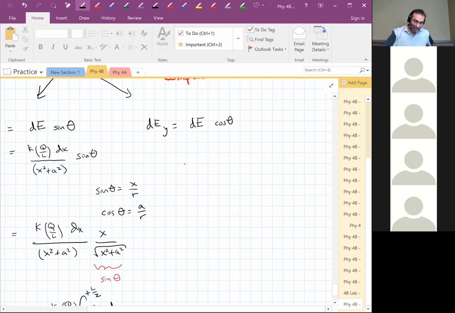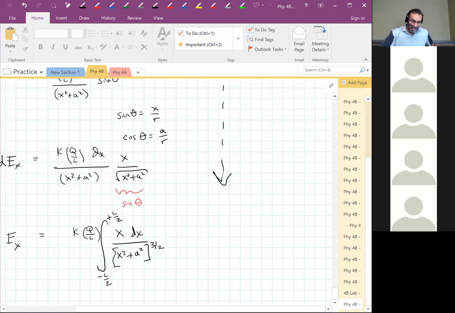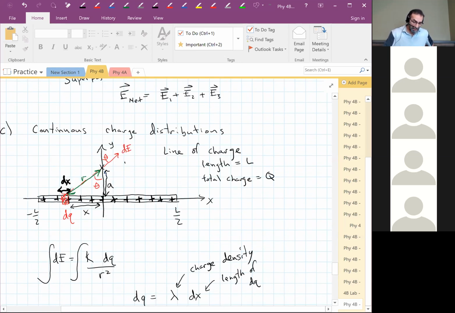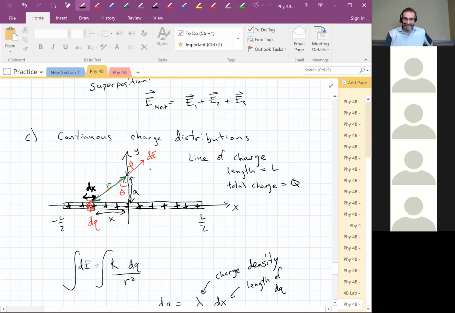I'll let you do that on your own. Do the same thing for the y component. And what do we know about the electric field on the y-axis there?